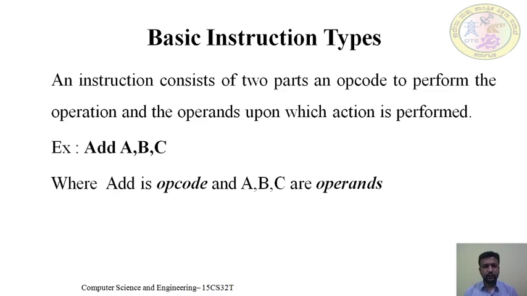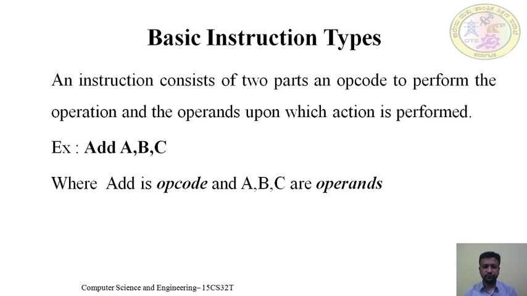Here an example for the basic instruction is add a comma b comma c, where add is the opcode and a b c are operands. This instruction performs the addition operation.